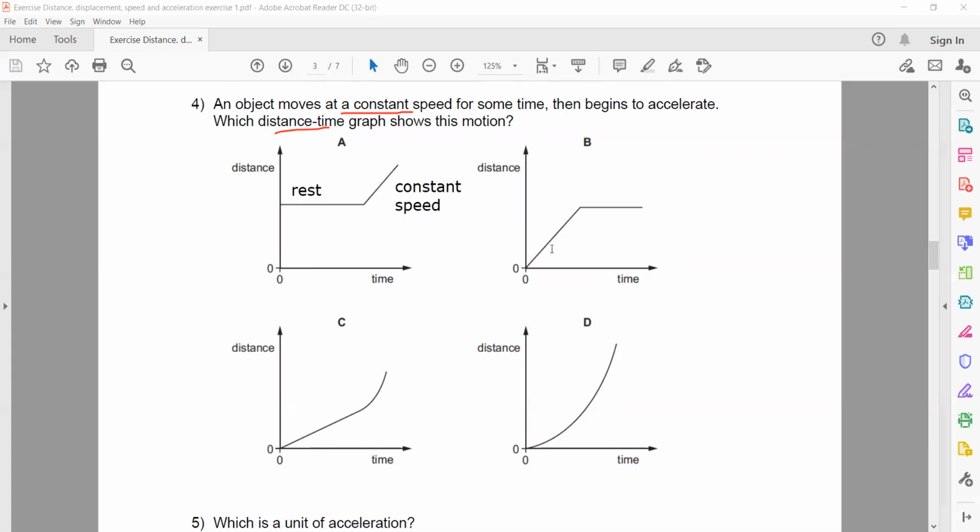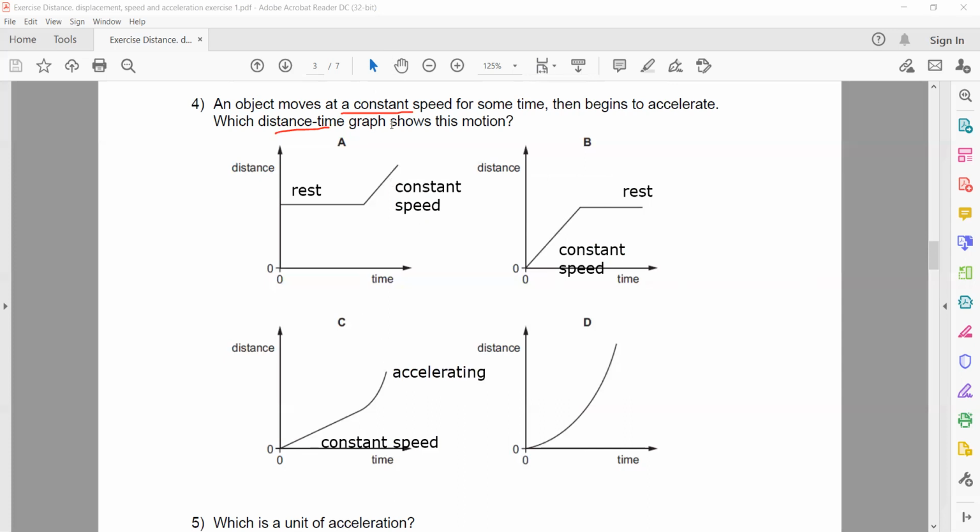For B, first it is constant speed, then it is at rest. For C, it is constant speed first, and then this part it is accelerating.